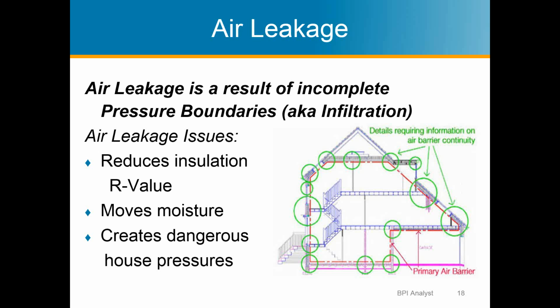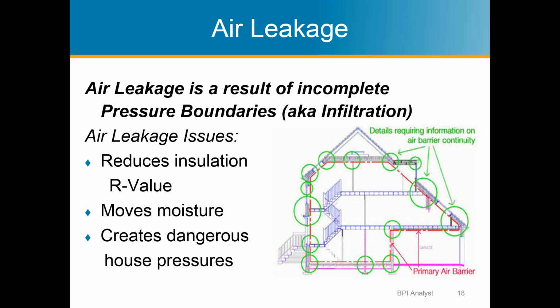So if air is leaking through that insulation, it diminishes the effectiveness of the insulation. And then of course air leaks also move moisture. If moisture moves all the way out through the wall, no big deal. If it condenses inside the wall, that's when we can create some biological growth in the wall, otherwise known as mold, mildew, fungus, all that fun stuff.